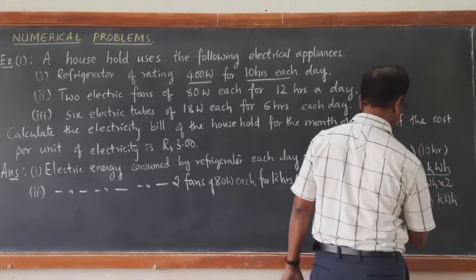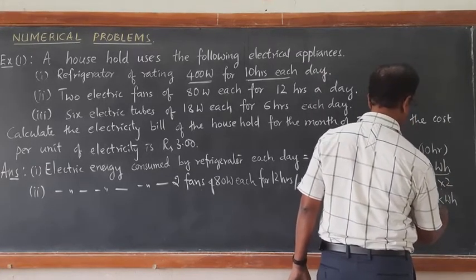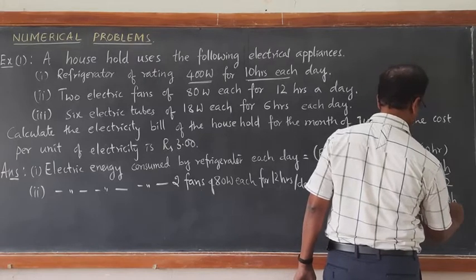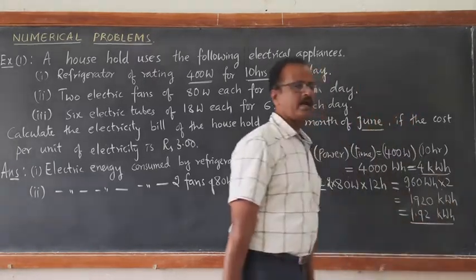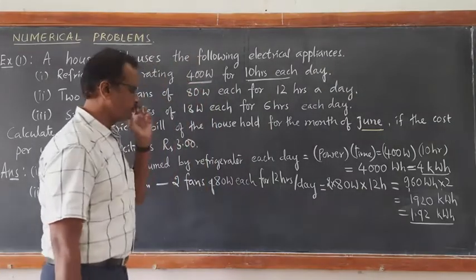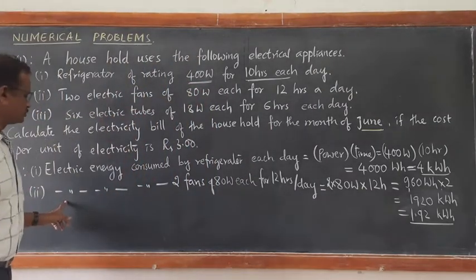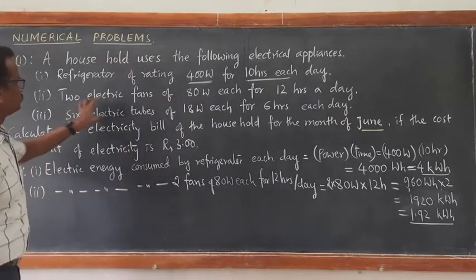So this is 1.92 kWh. So per day 1.92 units are being used by two electric fans.